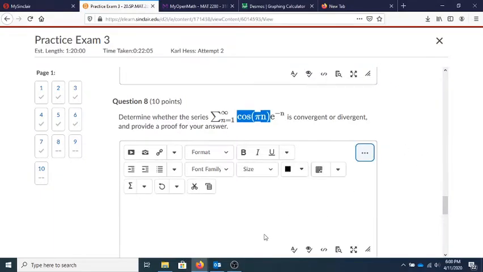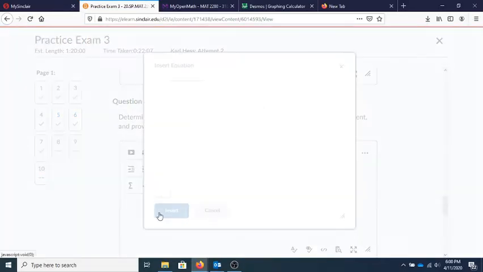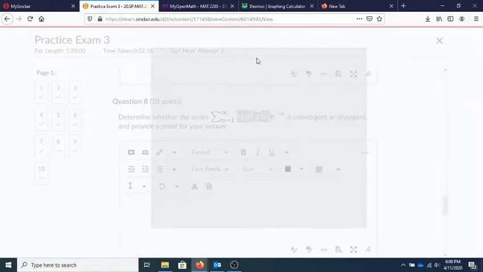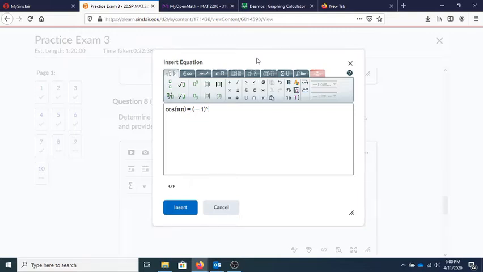So I'll capture that by just saying this. Okay, I'll say cosine of, now I need a pi. I think pi is in my first menu. Cosine of pi n equals negative 1 to the, now let me see, it starts out negative, and n is starting at 1, so yeah, we'll just do negative 1 to the n.